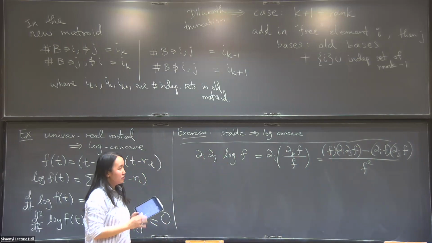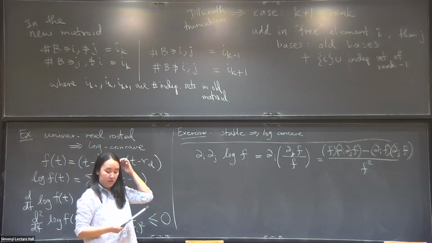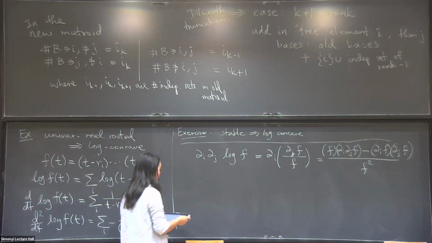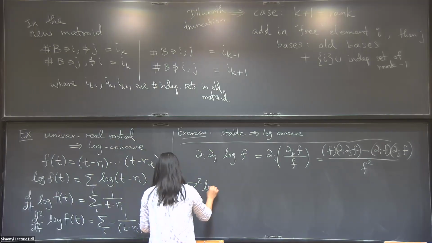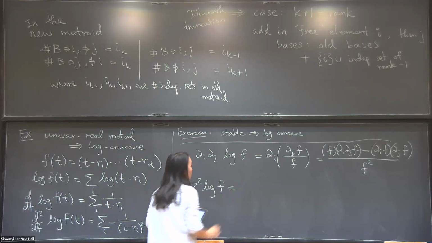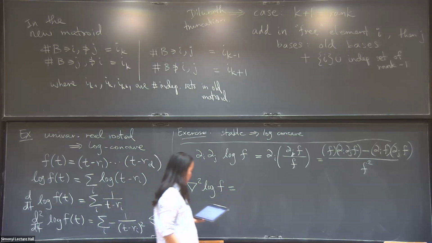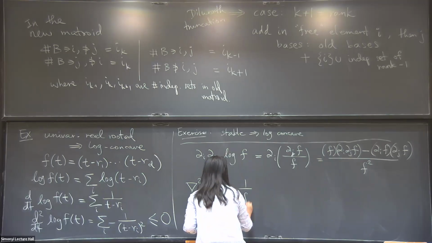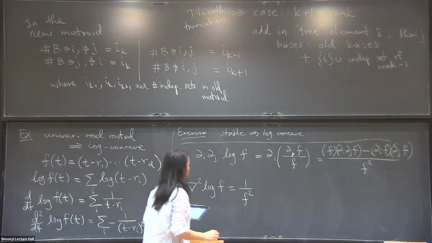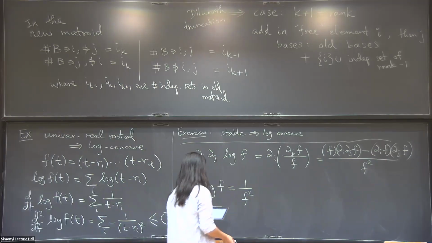So this is what the entries in the Hessian of the logarithm look like. As a matrix, we can factor out 1 over f squared.